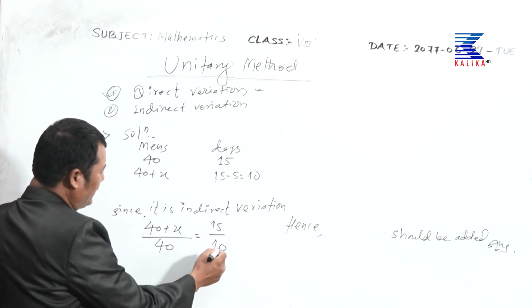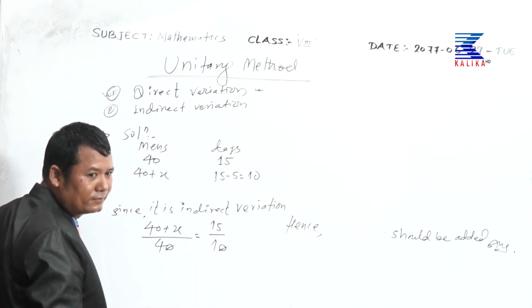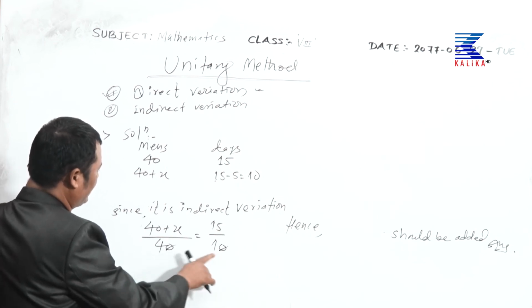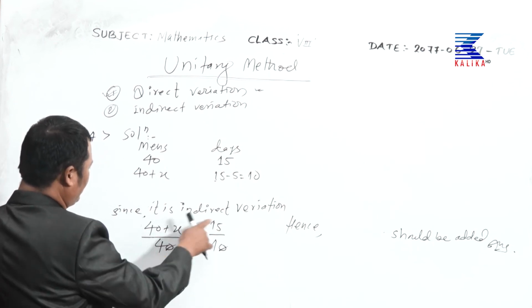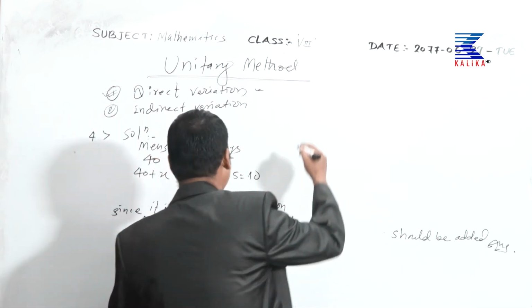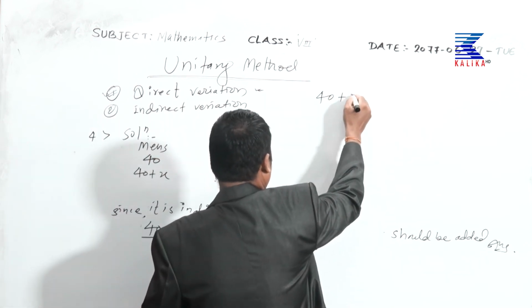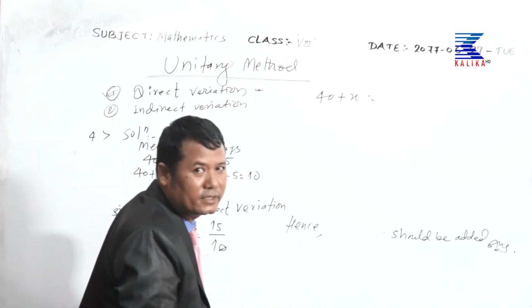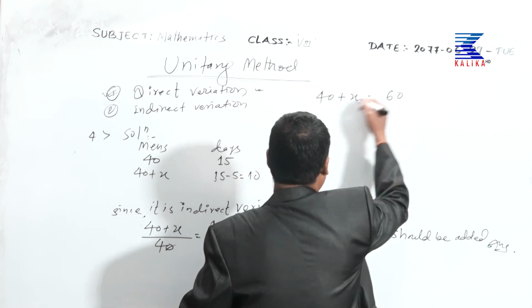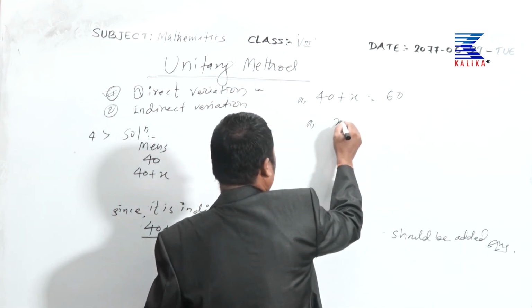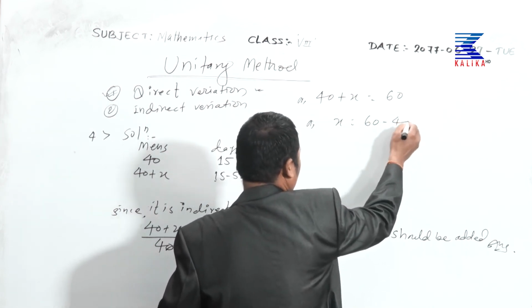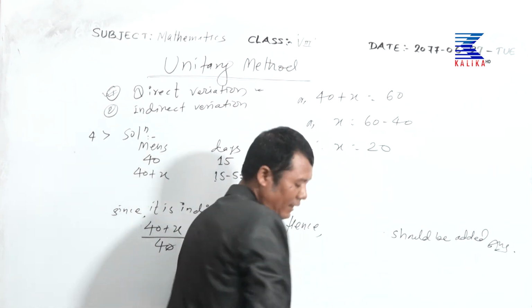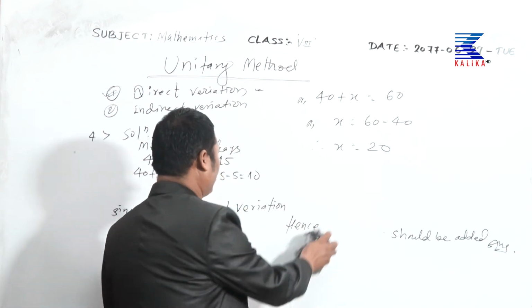The zeros cancel, and cross multiply. 40 plus x is equal to 15 into 4, that is 60. Then x is equal to 60 minus 40. Therefore, x is equal to 20.